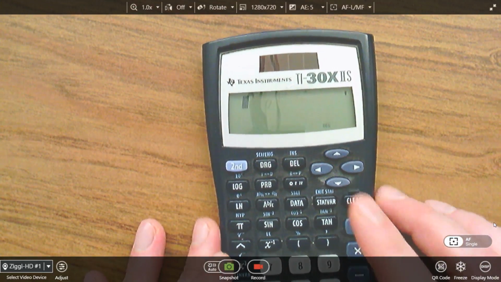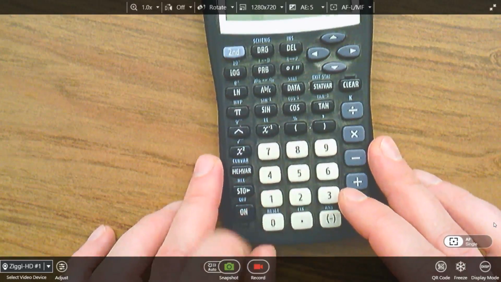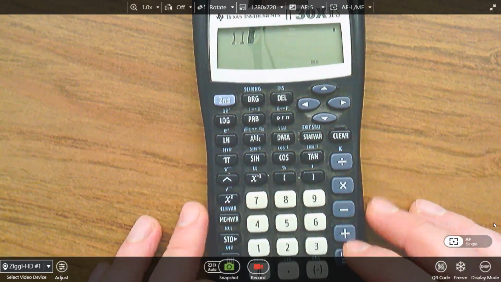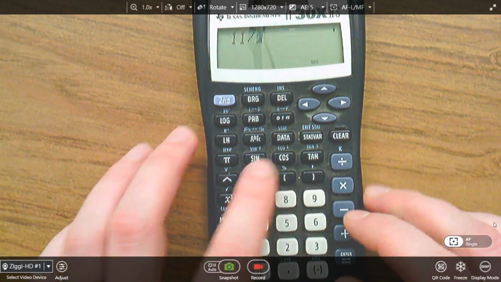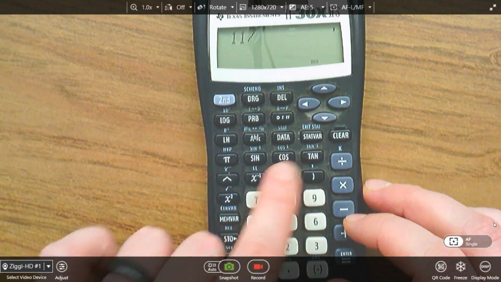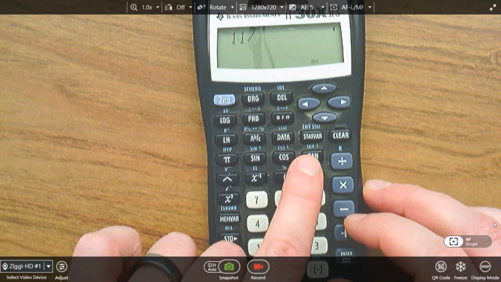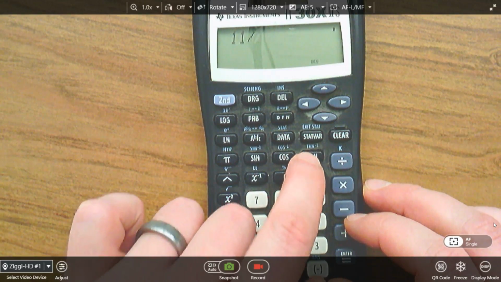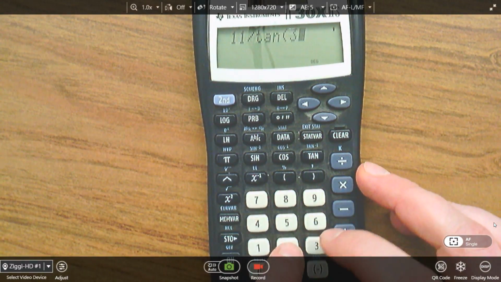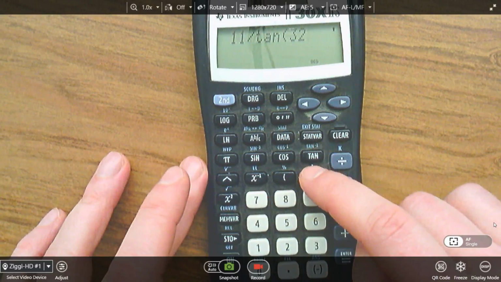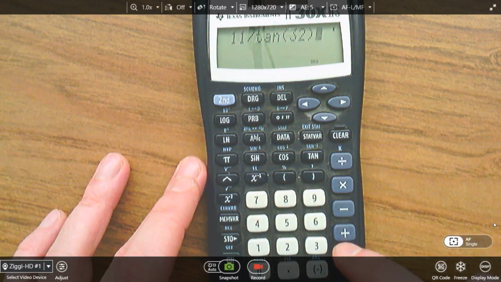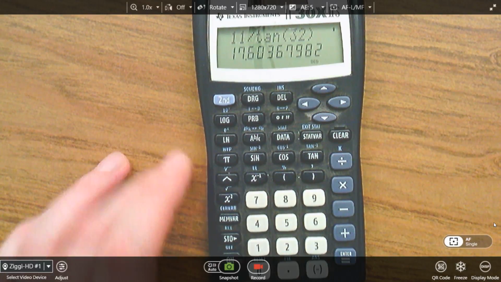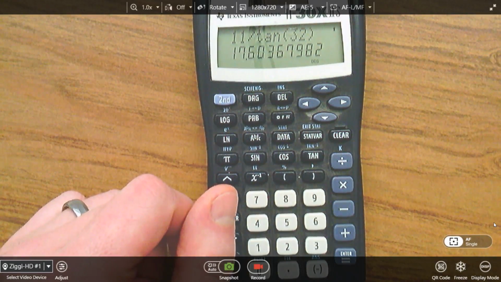In order to do this, I did 11 divided by, and now I've got 3 trig ratio buttons. Sine, cosine, and tangent is what sin, cos, and tan stand for. And I'm going to hit tan of 32. Probably a good idea to close those parentheses. And when I hit enter, I end up getting my approximation of 17.6.